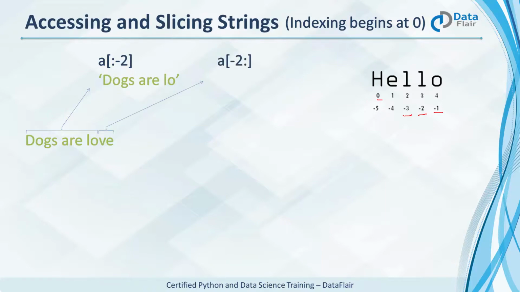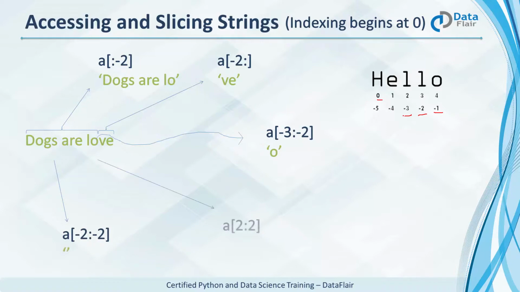From second last until the end, it gives us VE. From the third last character to before the second last, it gives us one character, which is O. If the beginning and the ending indices are the same, it gives us an empty string. This also follows for left to right traversal. We'll discuss slicing in great detail in upcoming lectures.